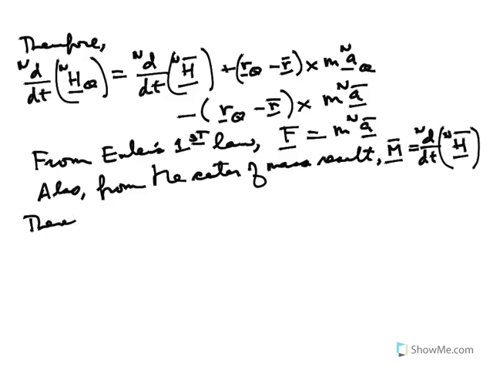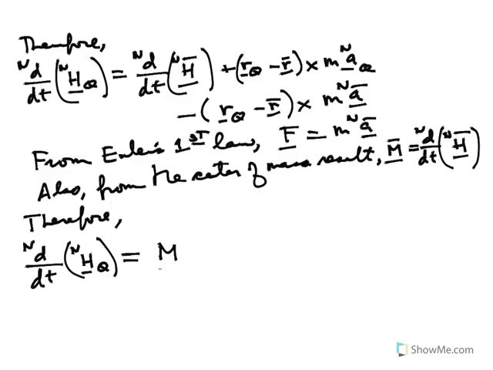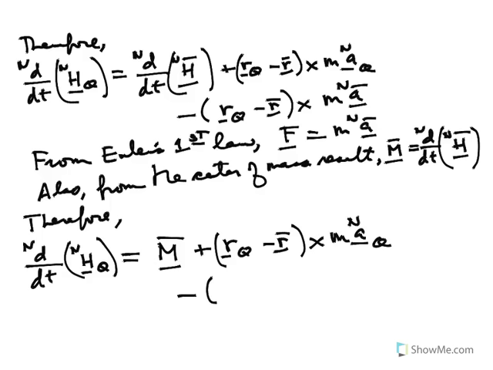So if we substitute both those results into this, we get the rate of change in N of HQ in N is equal to M bar, plus (RQ minus R bar) crossed with M aQ, and then minus (RQ minus R bar) crossed with F.